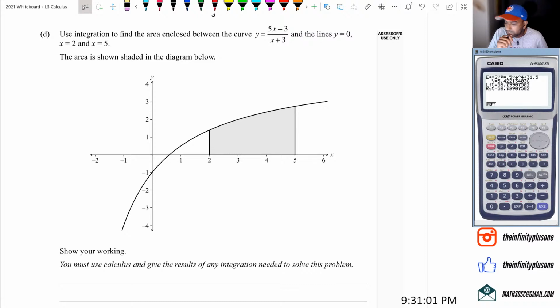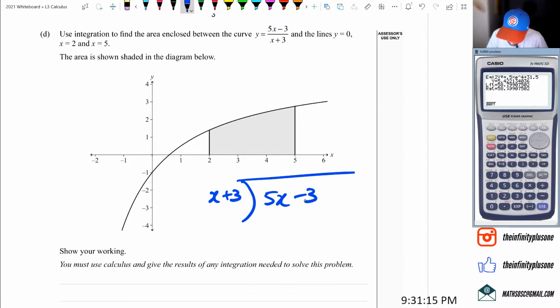Cool. So with this question, we've got to split this up by doing long division, which is what I do. And if you guys know another method that works for you, stick with it. So all I've got is just 5. So I've got 5 times x, which is 5x. 5 times 3 is 15. And I've got to make sure I subtract everything.